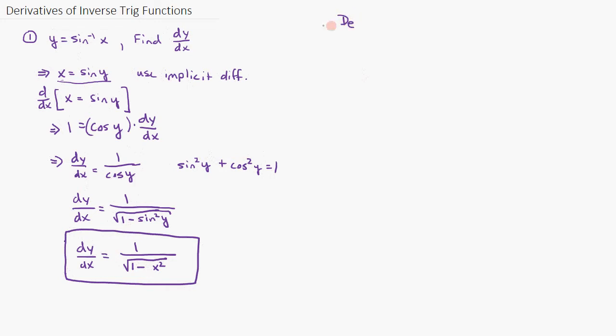And so for the derivatives, here we've derived the derivative formula for the inverse sine.